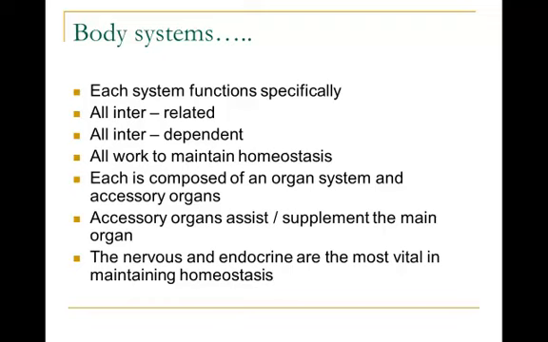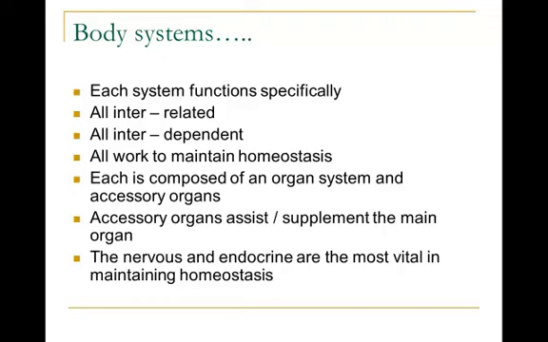We need them all to be working for us to be healthy and well. So we can have a problem in a certain system, like you could have a problem in your digestive system, like an ulcer, and your body would still function, but you wouldn't be as well as you could be. All together, they all got to work together to maintain our homeostasis.